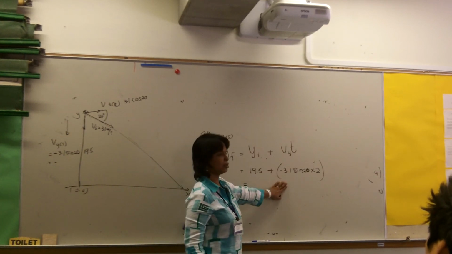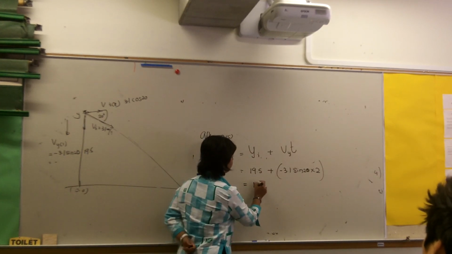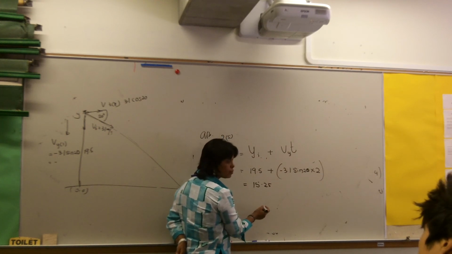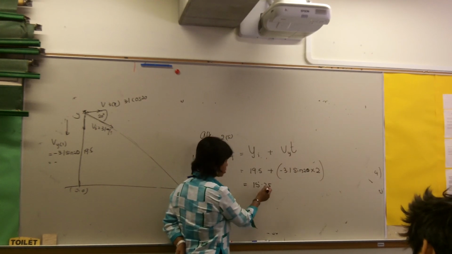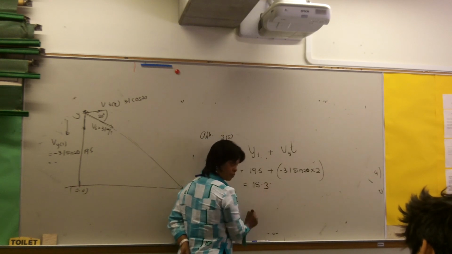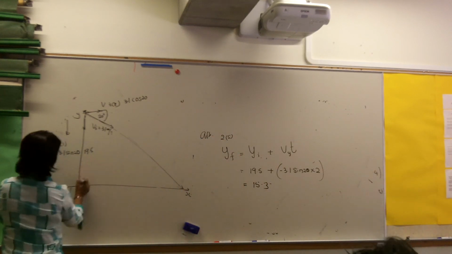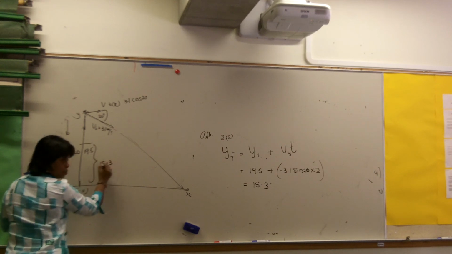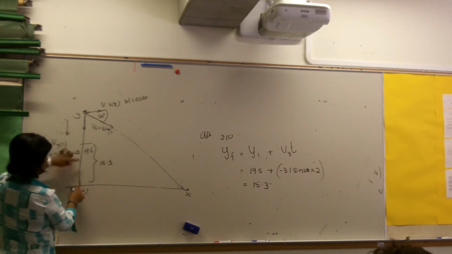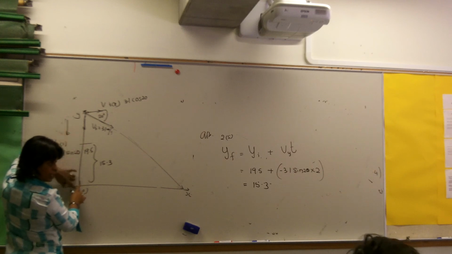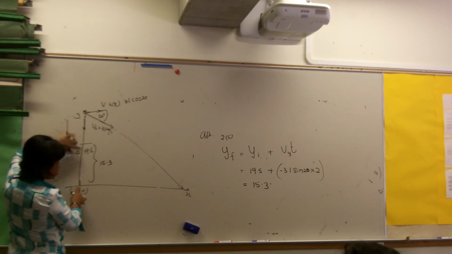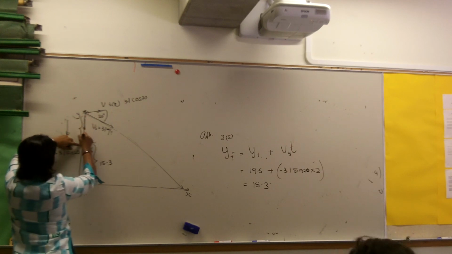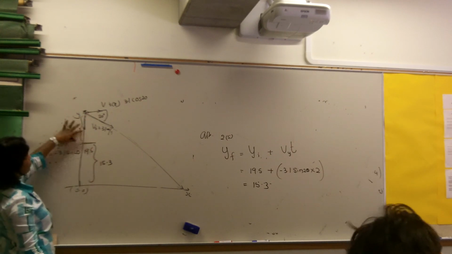That's 15.25, about 15.3. So he has gone from here to here 15.3. Make sure, okay? 15.3 from here to here, because we are measuring from here. So this is your final. So he is somewhere here. How much? 19.5 minus 15.3.